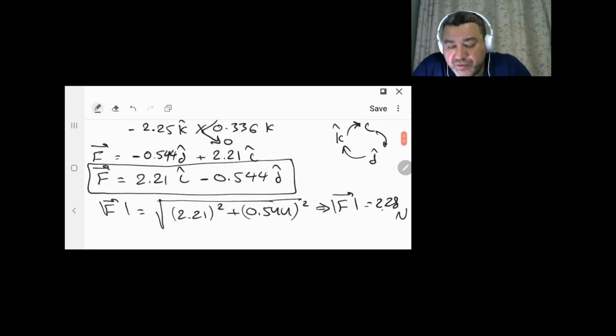If it's allowed to move, yes. If it's free to move, yeah. Okay, so this is how we calculate the magnetic force due to a current in the existence of an external magnetic field.